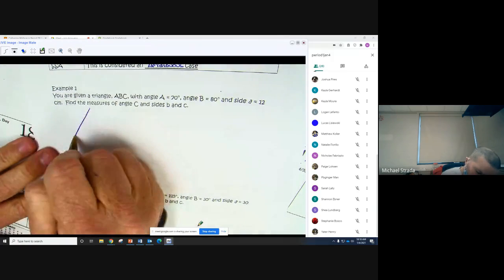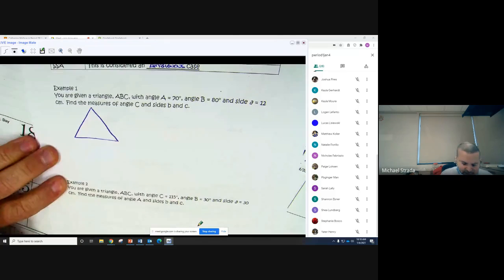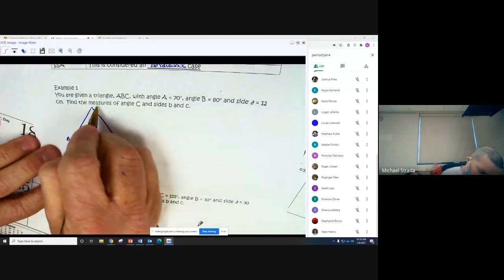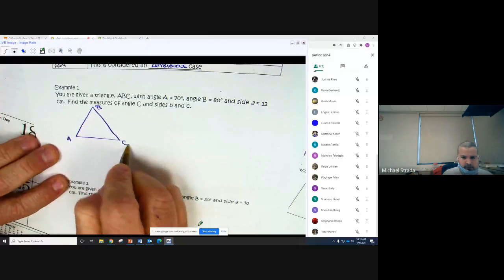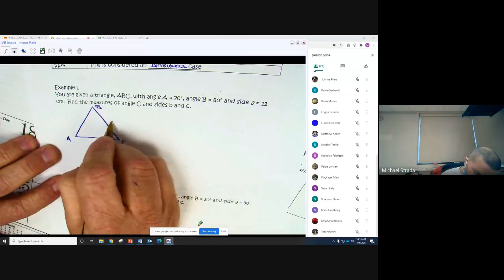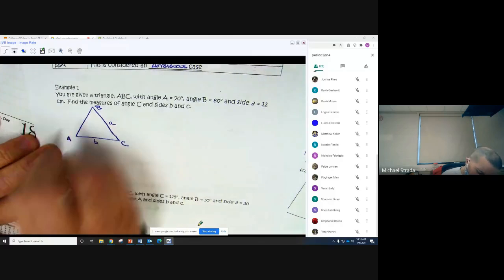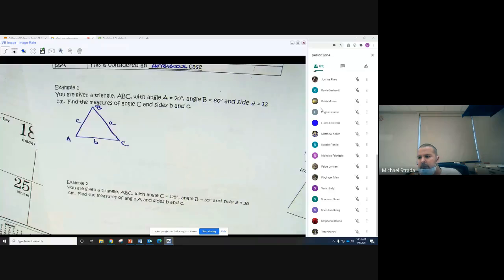So you draw yourself a triangle. You can put the letters anywhere you'd like. It's not going to affect the problem. So that's big A, big B, and big C. All right, and then the smaller sides are opposite them. So there's little a over there, there's little b there, and there's little c there.